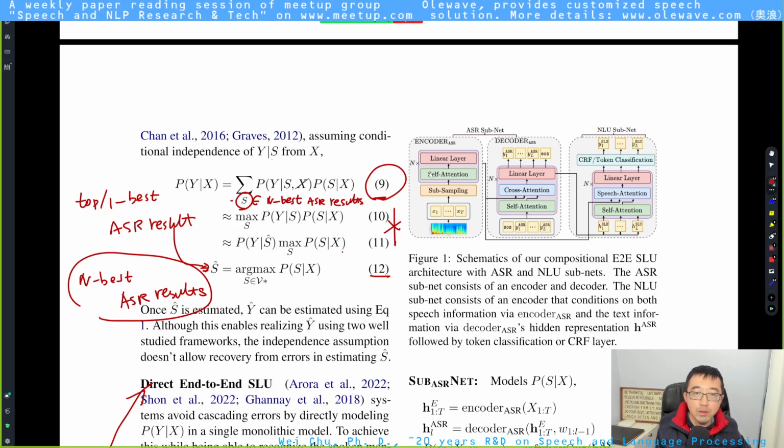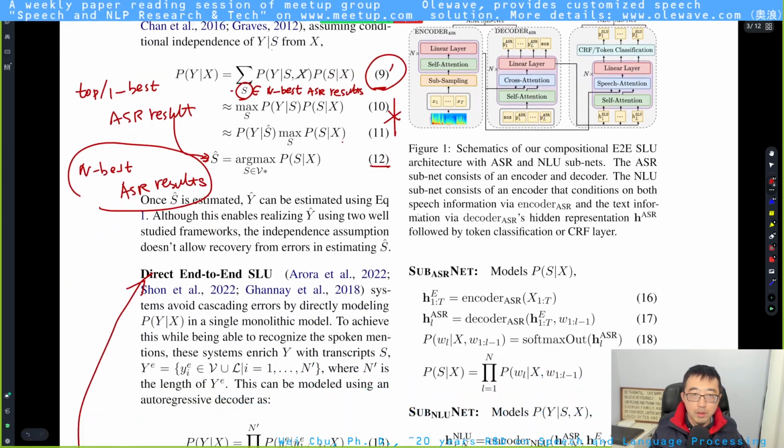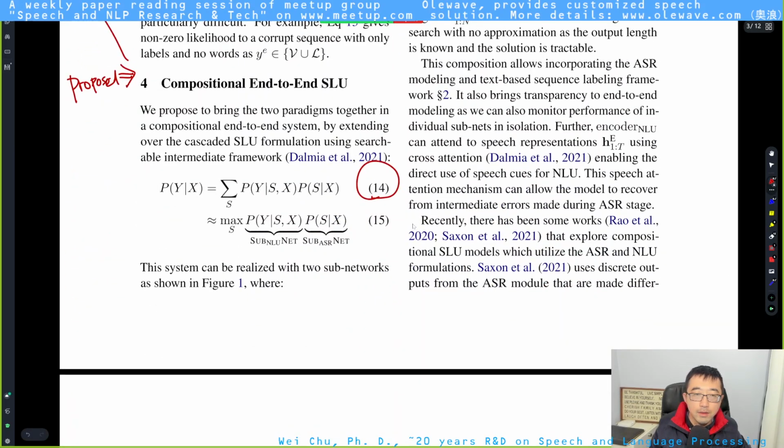This is the derived equation number 9. Well, you can see that in their proposed method, they say, okay, I don't need n different ASR outputs.